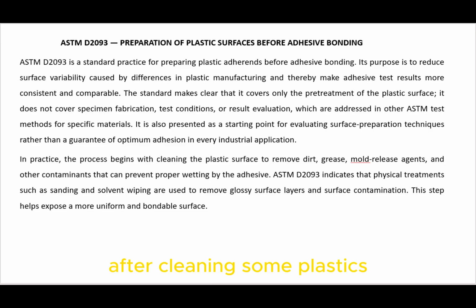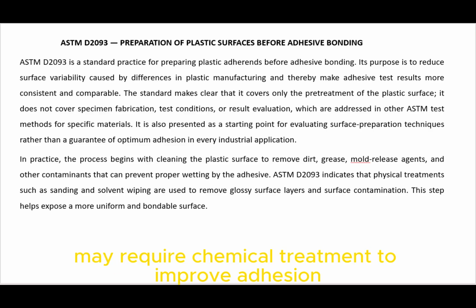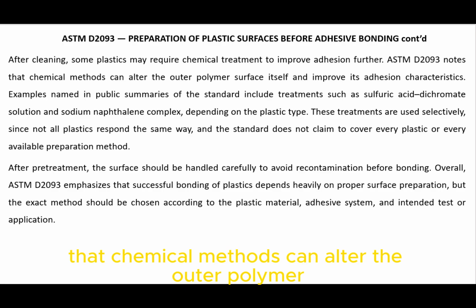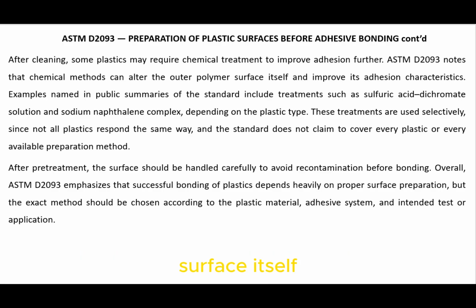After cleaning, some plastics may require chemical treatment to improve adhesion further. ASTM D2093 notes that chemical methods can alter the outer polymer surface itself and improve its adhesion characteristics.